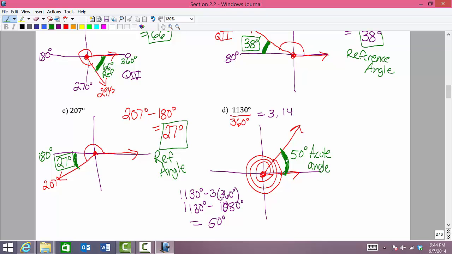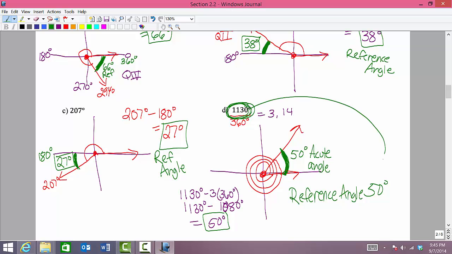And I already know the distance between the x-axis and the terminal side because that was the leftover portion I went after doing my 3 complete rotations. So here we can say that our reference angle is 50 degrees. So that means that 1130 has a reference angle of 50 degrees.